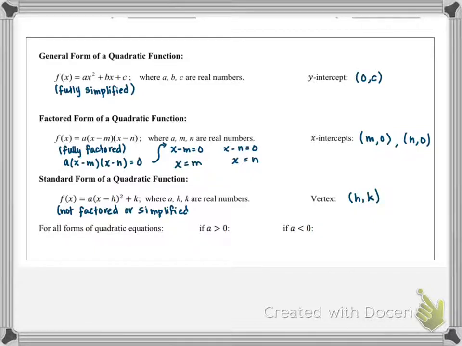And then for all of them, we already saw that A is the same. If A is positive, which way do you think it opens? Up, right? x squared opens up and has a positive 1 as its coefficient. So if A is positive, it opens up like this. If A is negative, it opens down like this.